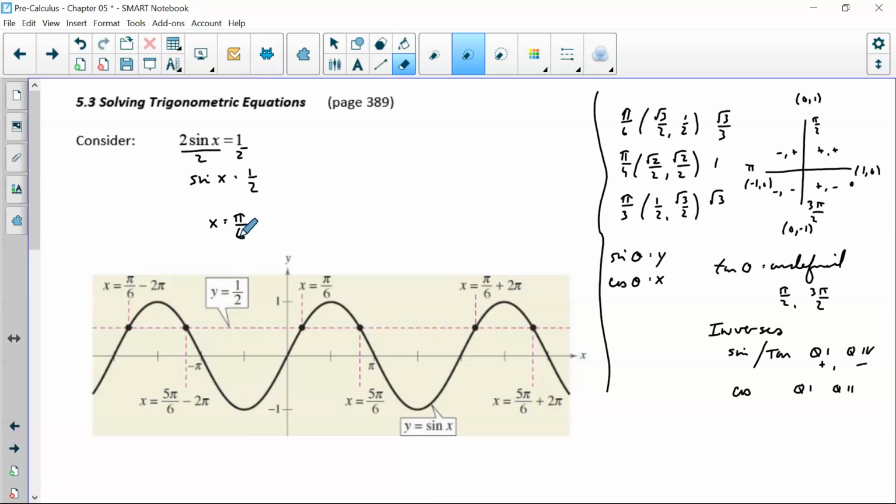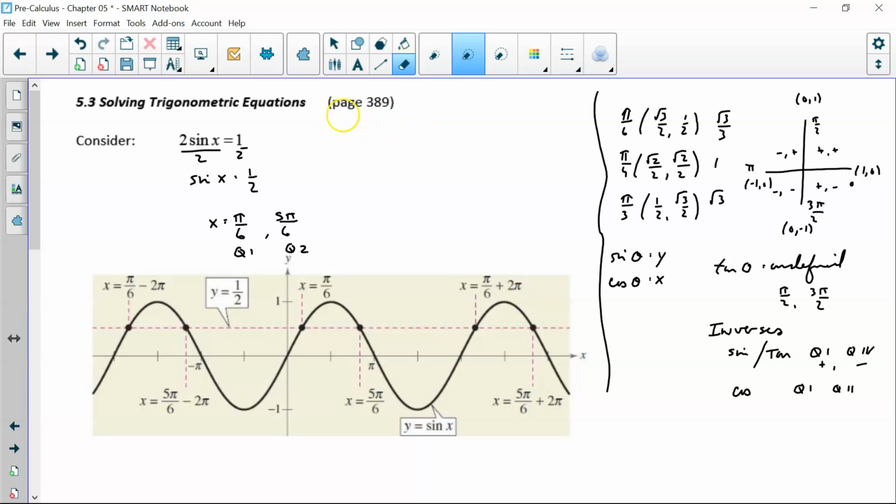Now, sine is not just positive in quadrant 1. Sine is also positive in quadrant 2. So we have pi over 6, that's our quadrant 1, and for quadrant 2, that's 5 pi over 6. So there's our two solutions.